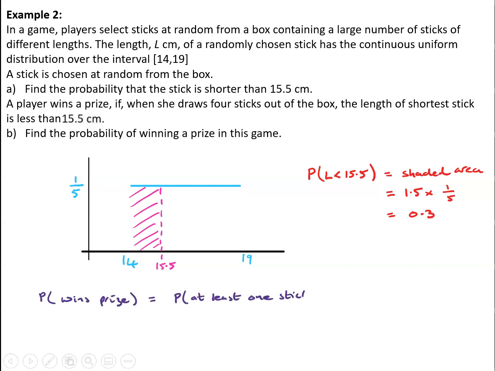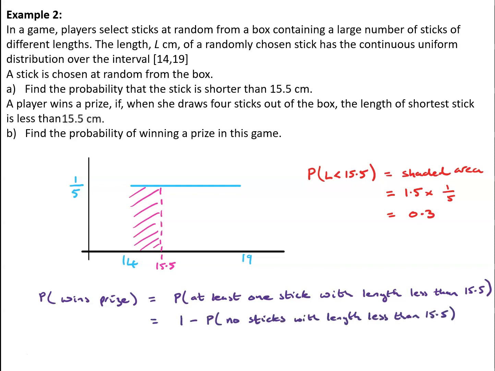So, the probability she wins a prize is the probability of at least one stick with a length less than 15.5 centimeters, which is the same thing as 1 minus the probability that there are no sticks with a length less than 15.5 centimeters. Now the probability that a stick is less than 15.5 centimeters is 0.3, so the probability that a stick hasn't got a length less than 15.5 will be 0.7.